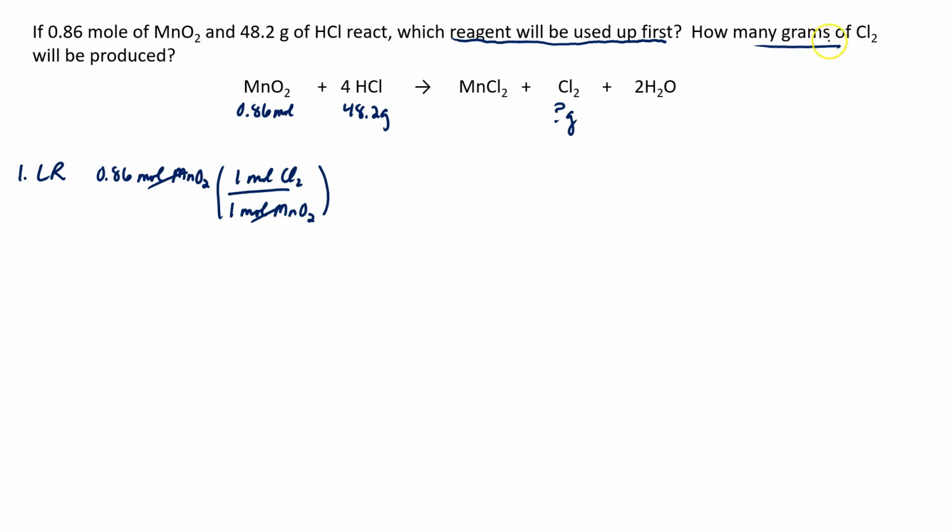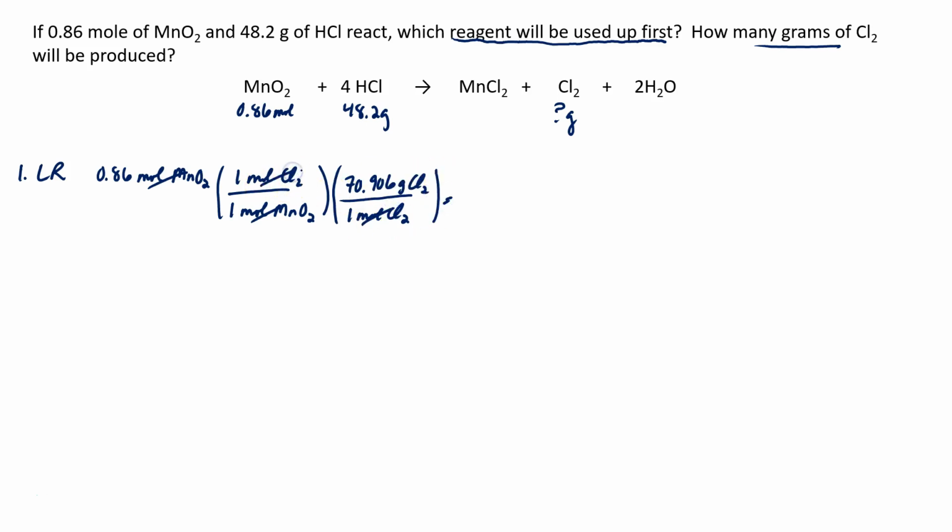And ultimately, they want the answer in grams, so I'll go ahead and find the molar mass of Cl2. For every 1 mole of chlorine, that is 70.906 grams of chlorine.